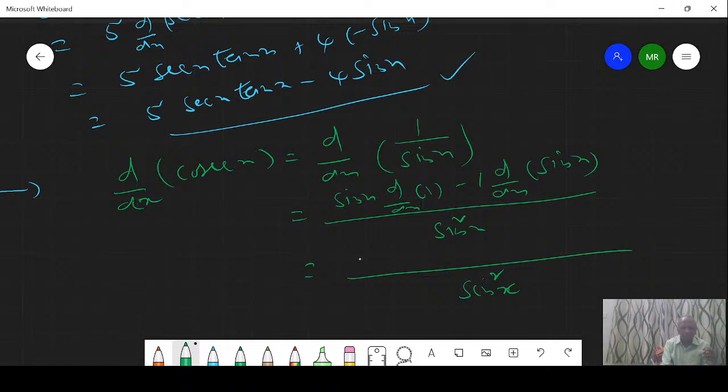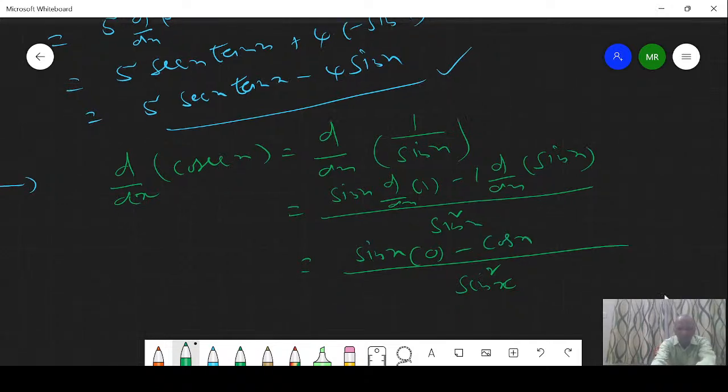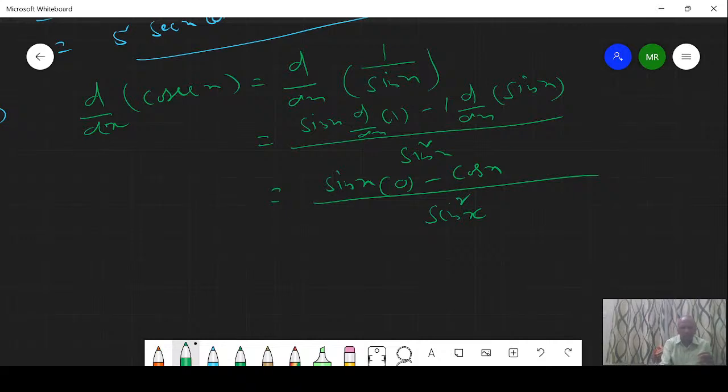This will be sin x times the derivative of the constant, which is 0, minus 1 into the derivative of sin x, which is cos x. Correct. Now you can see this is 0 minus cos x by sin square x. I can write sin square x as sin x into sin x.